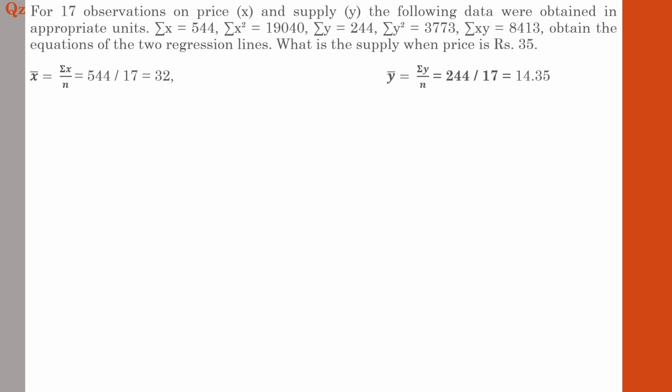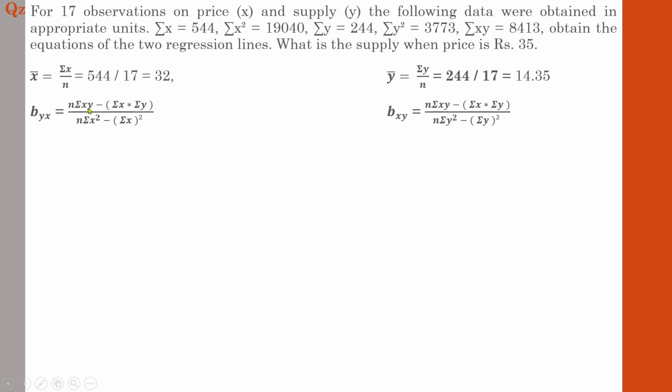So first of all, you have found out the mean of x as well as mean of y. Once you have found the mean of x and mean of y, you need to use the regression equations of y on x as well as x on y. And before that you need to find byx. I hope you know these steps and what is the meaning of byx and bxy. So we are going directly into the computation of byx and bxy. So we begin with byx.